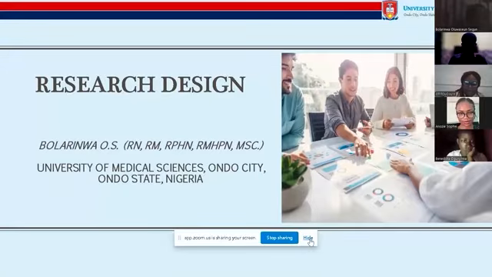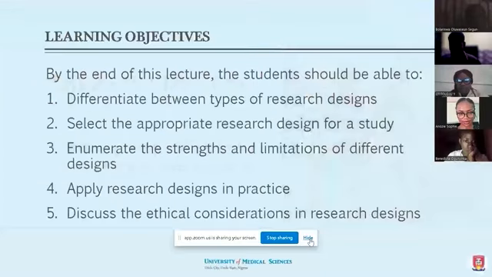So also in research, it's not every design that can be used for all researches. There are designs which are peculiar to one study than the other, which will help you to get your results. So the learning objectives for this class is as displayed on the screen.